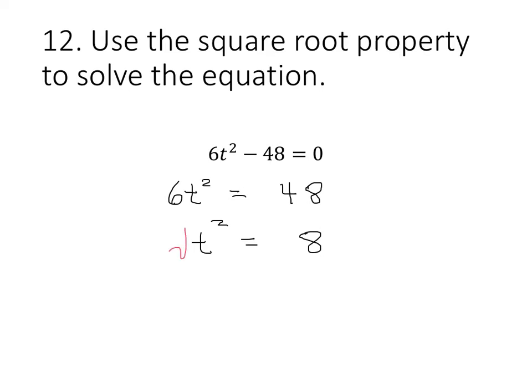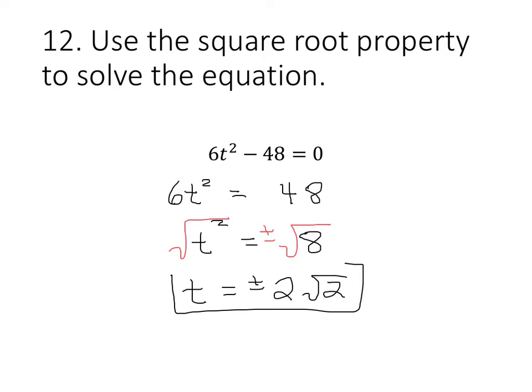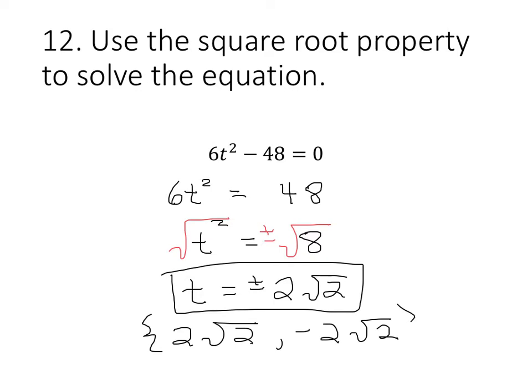Now we can take the square root of both sides using plus or minus on the right side, and we find that t equals plus or minus the square root of 8, and you should memorize that the square root of 8 is 2 square root of 2 because you'll be using it a lot. So your solution set is 2 square root of 2 and negative 2 square root of 2.